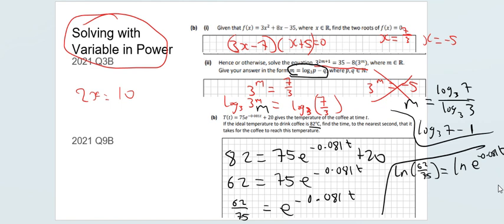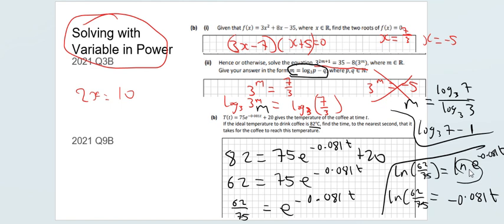When you've got natural log of e, they cancel each other out, so you'll just be left with minus 0.081t on the right hand side, and you'll still have your natural log 62 over 75. So it's easy enough to bring across the minus 0.081 then and divide it.